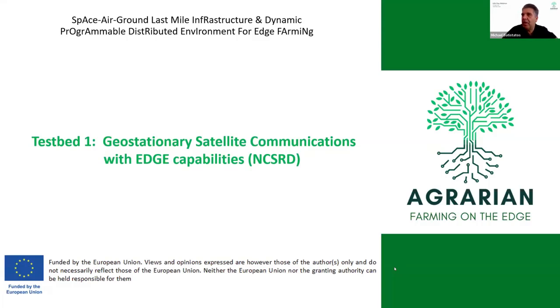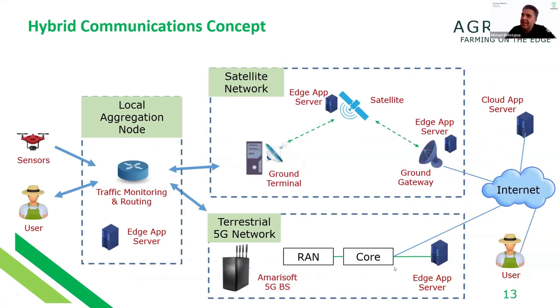I will now talk about testbed 1 with Democritos as the leader. Actually, the generic concept of this testbed is the hybrid communications. So we offer a satellite connection and a 5G terrestrial connection, and depending on the traffic, we direct the data either to satellite or to terrestrial 5G system.